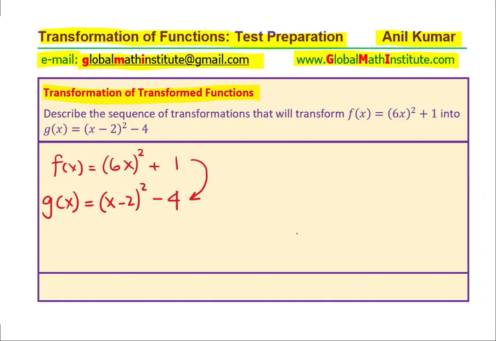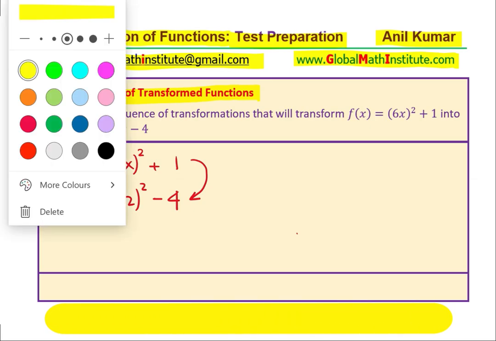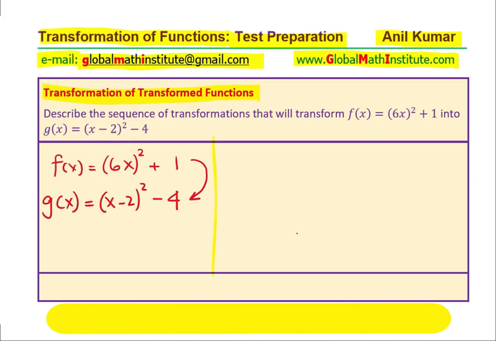Now let's look into this particular transformation. What do you suggest? Well, we have a factor of k, which is 6 here, but here we don't have. That means this is 1/6 of f of x, right?